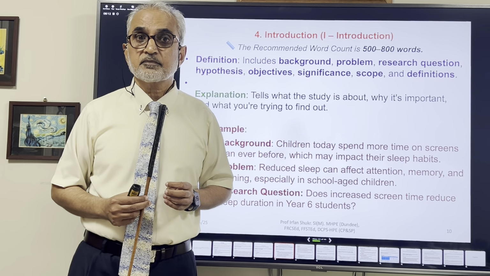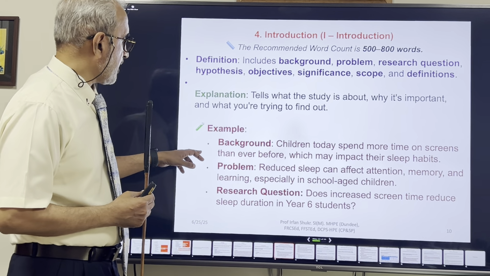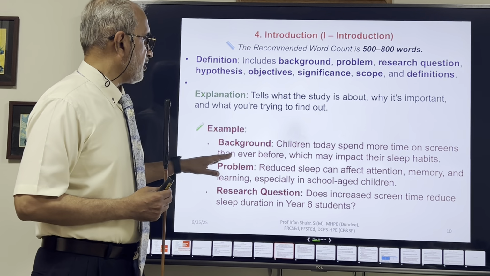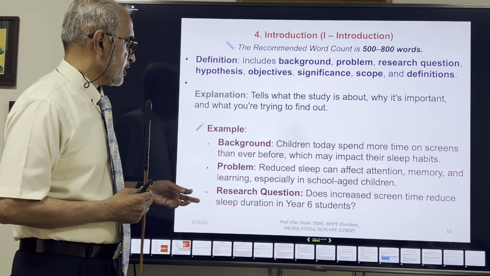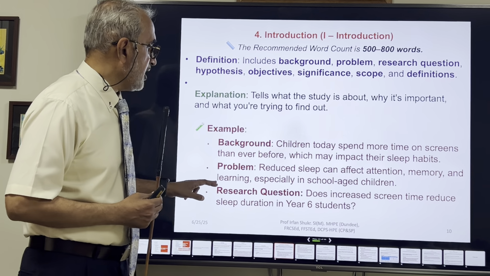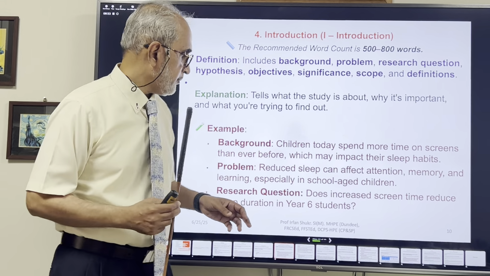to find out. As an example, in our hypothetical research, the background was children today spend more time on screen than ever before, which may impact their sleep habits. The problem is, reduced sleep time can affect attention, memory, and learning, especially in school-age children, so therefore they cannot learn.